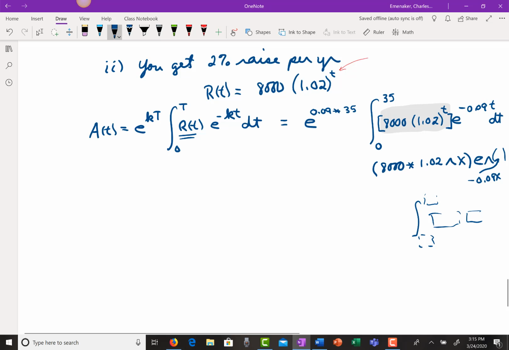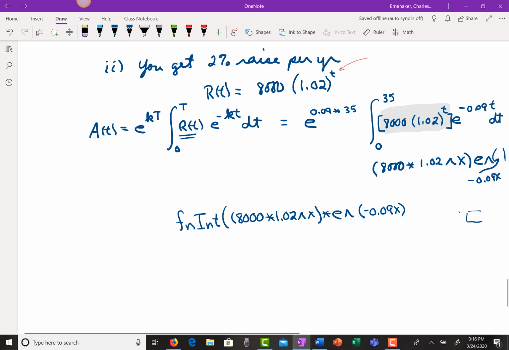The way I have it written out here is if you have one of the calculators that displays it in the form FNINT, which is what my calculator does, the way I would do this would be 8,000 times 1.02 raised to the x, close the parentheses, times e raised to parentheses, and we're going to have our negative 0.09x, close the parentheses.